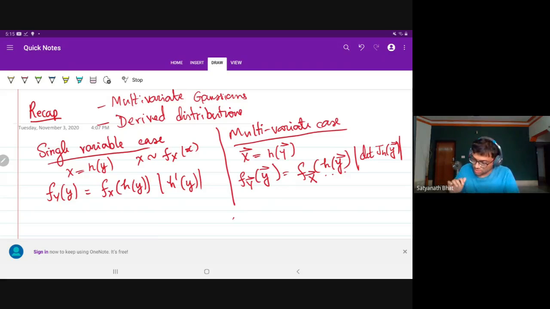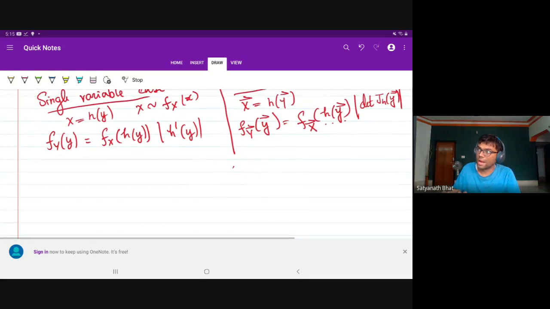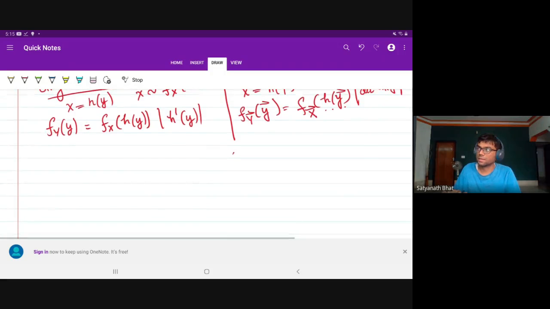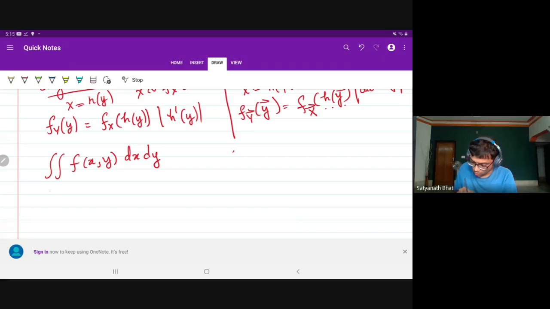Now I just wanted to give an example to show you that this is not something brand new. You have been doing this earlier. Whenever we are integrating, say you want to integrate a function with respect to the usual Cartesian coordinates, you can alternatively integrate over the area A in terms of polar coordinates.